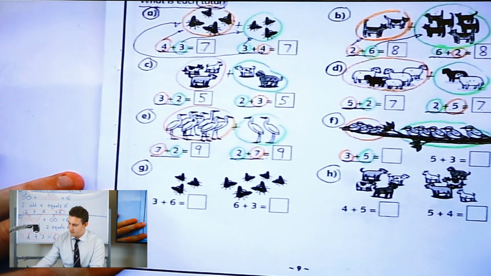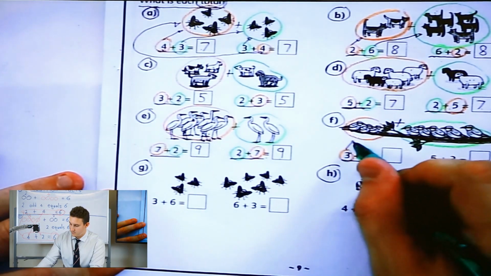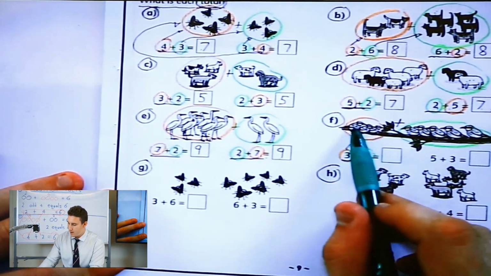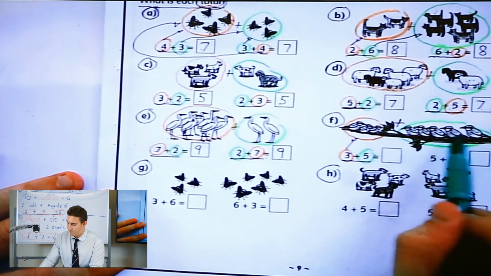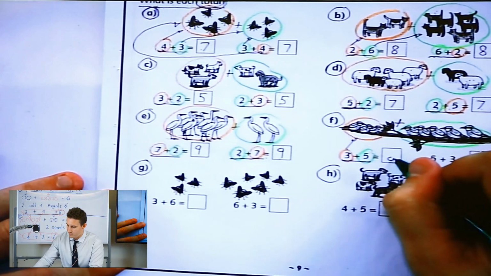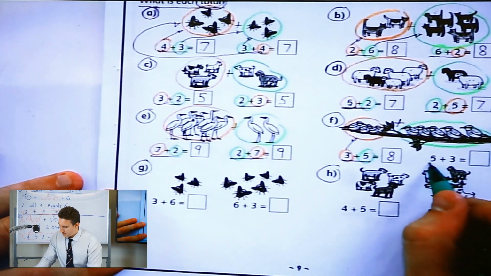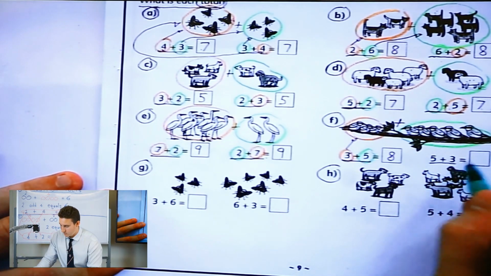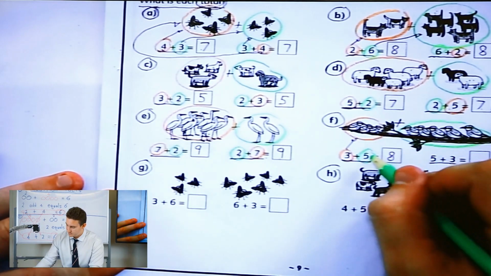Now let's add them together, starting with 3 first. Okay. So 1, 2, 3, 4, 5, 6, 7, 8. Very good. 8.